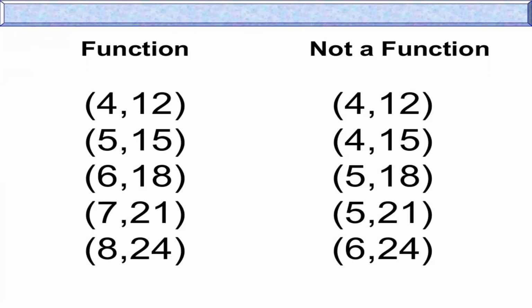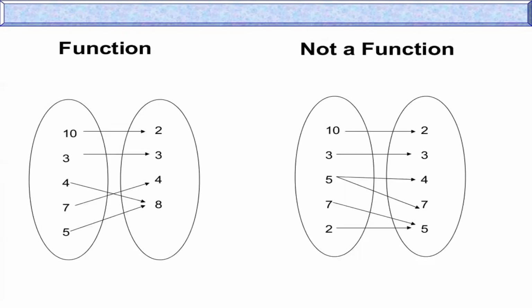As you observe, you have two 4s and two 5s. So that will make our relation not a function. So function, we have one to one or many to one, and not a function, one to many. One domain has many corresponding values of the range.